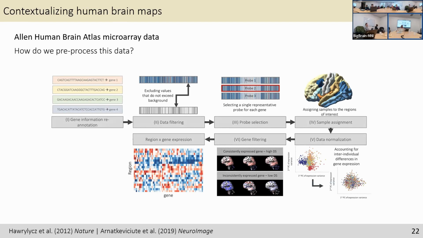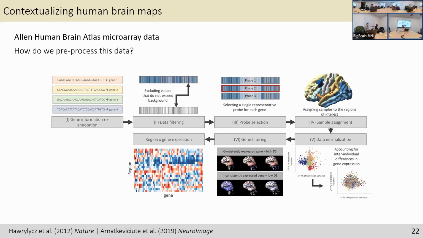These processing steps involve many things. For example, there's the simple idea that the matching between mRNA data and actual genes is sometimes not up to date in the Allen Human Brain Atlas, so you might want to use more up-to-date information to match your mRNA to your genes.